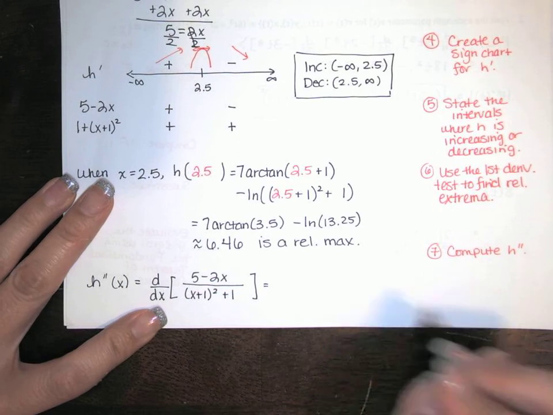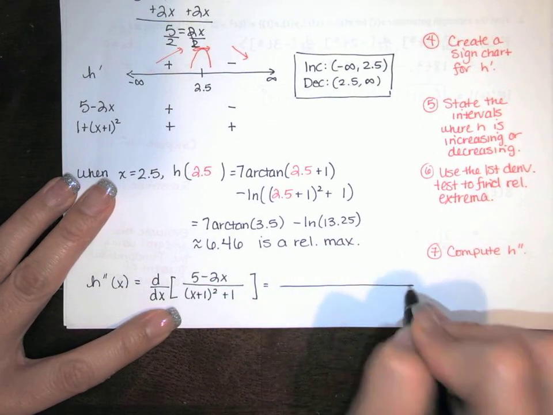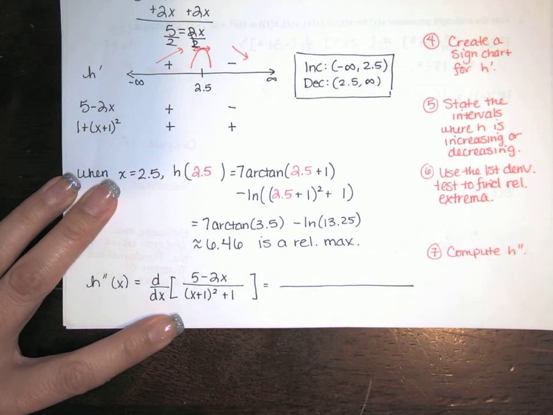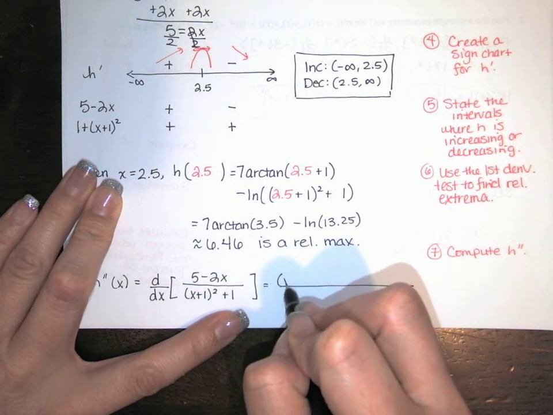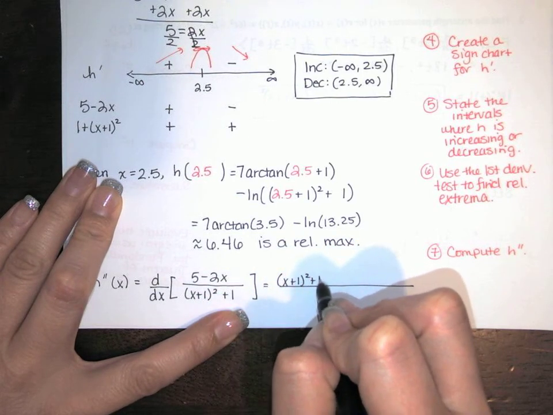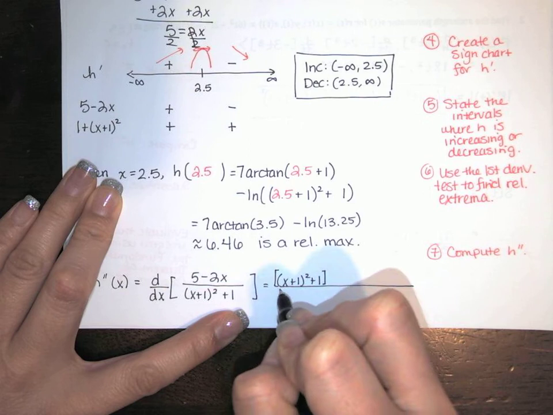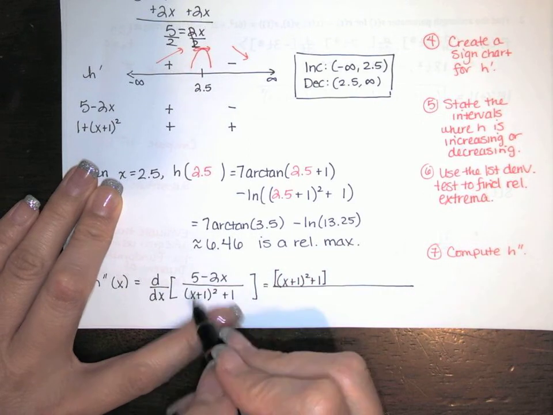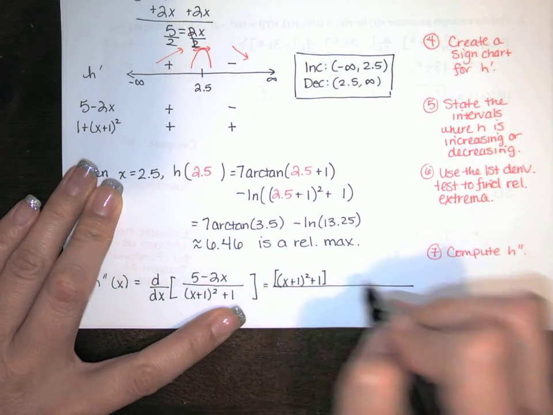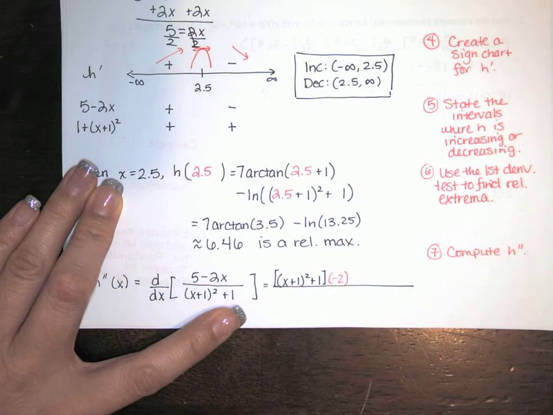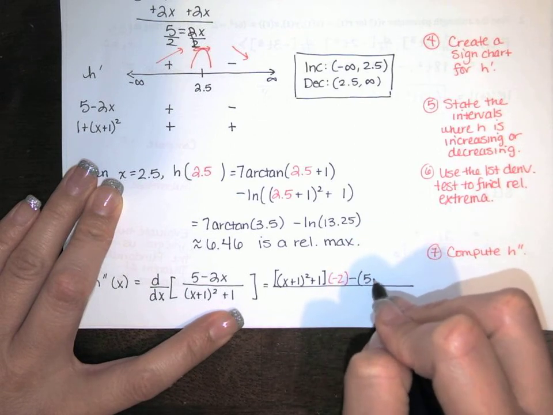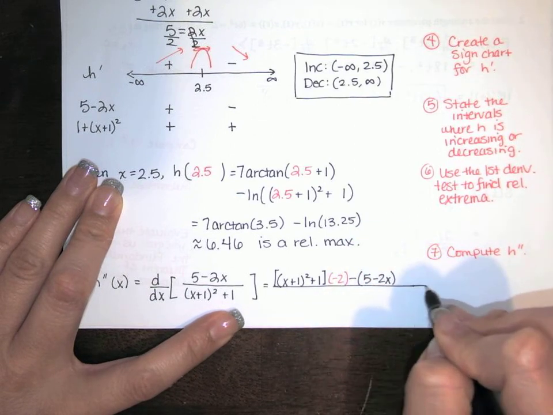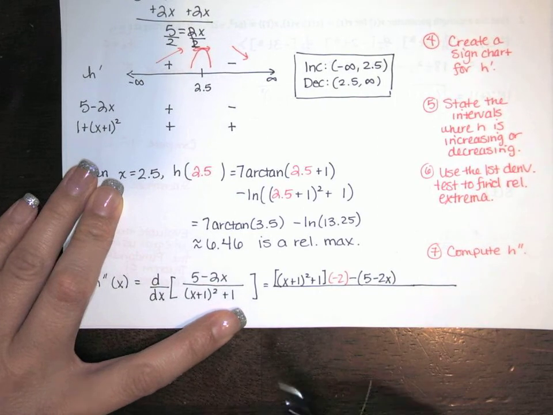So we've got a quotient, we can use the quotient rule. So according to the quotient rule, we get the bottom function times the derivative of the top function. The derivative of the top function is -2. So that's low d high minus high times d low.